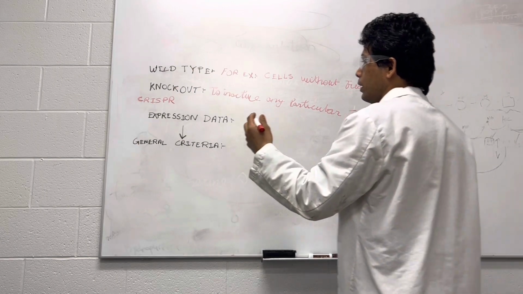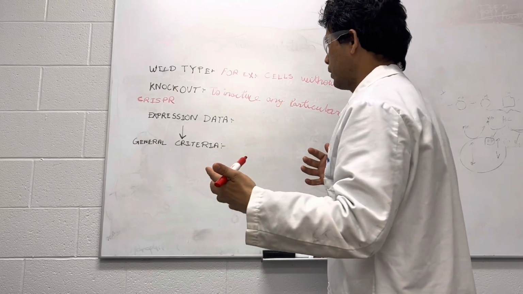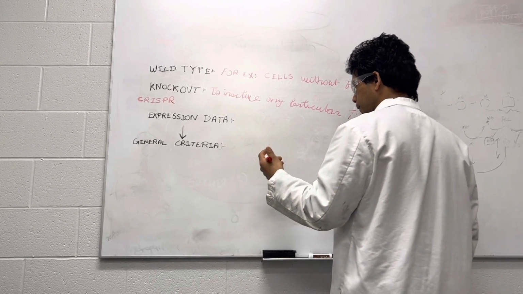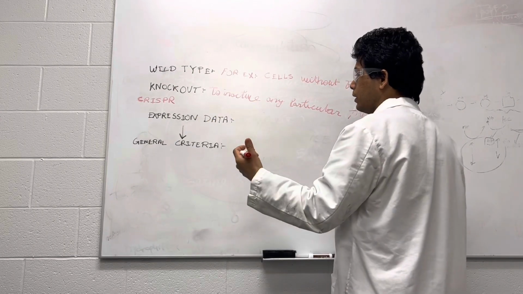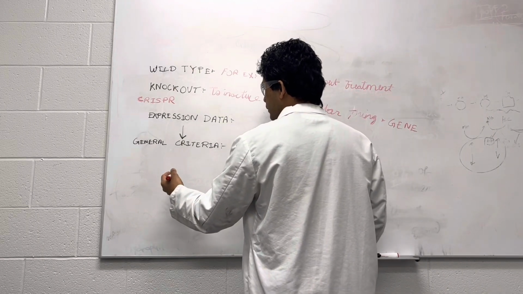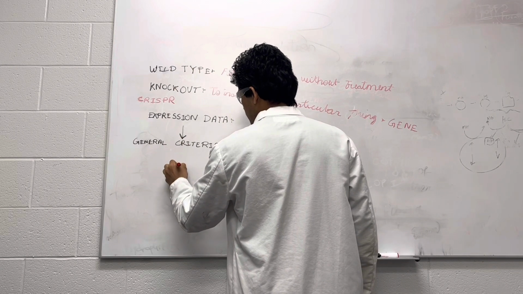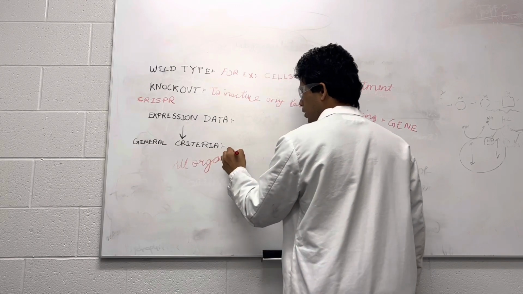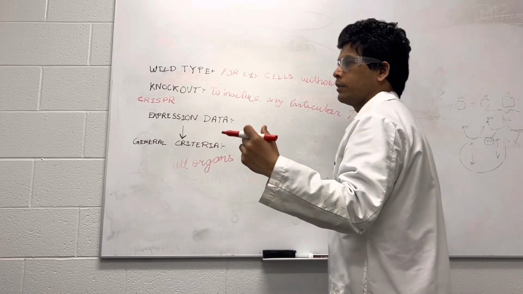Suppose, in order to compare expression data, there is a library that has expression data of all the organs of human cells, and someone has done an experiment on just a liver cell.